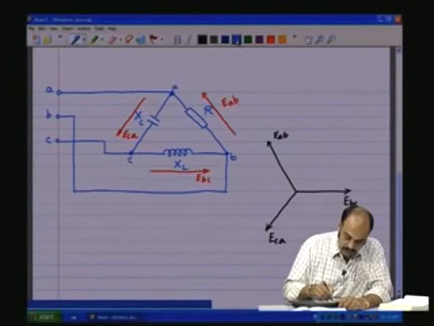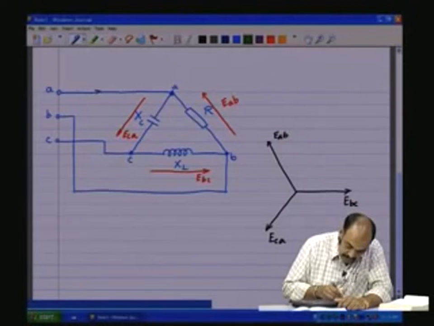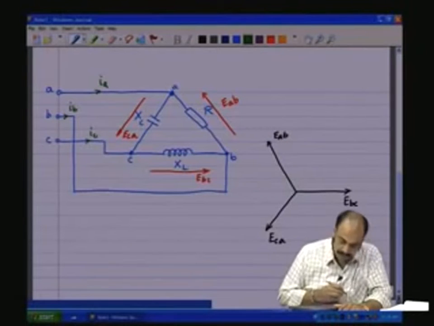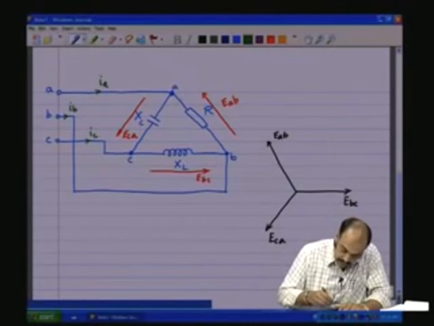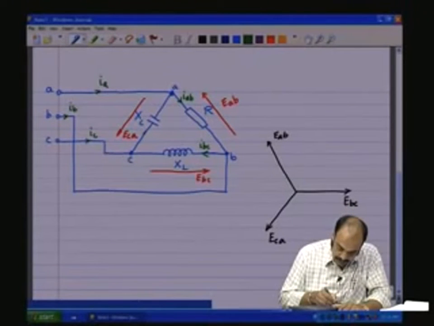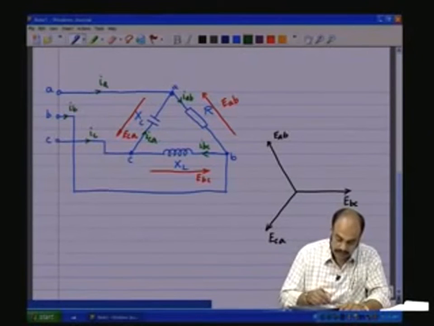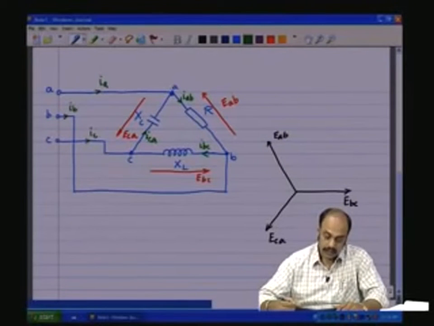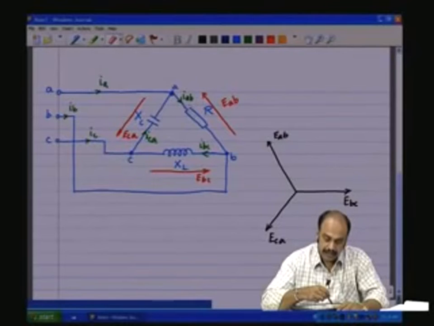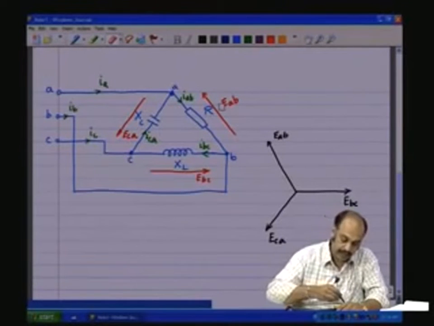And there are three line currents, IA, IB and IC, and of course three phase currents IAB, IBC, B to C, and then ICA, C to A. So, this is cyclic in nature, A to B, B to C, C to A. Now, if we take IAB and EAB, the load here is a resistor, and therefore we expect IAB to be in phase with EAB, what is applied across the resistor.